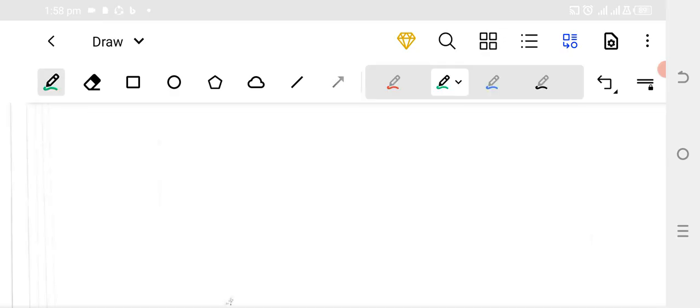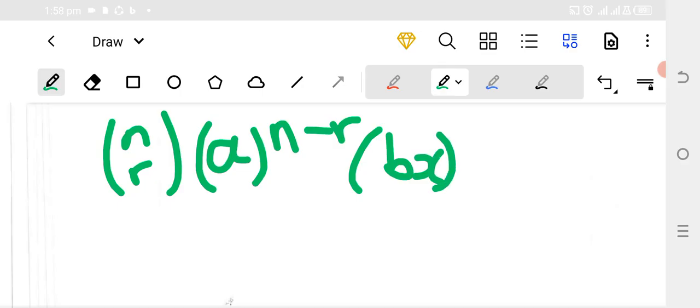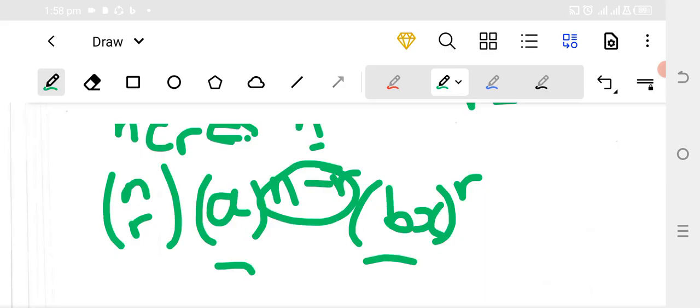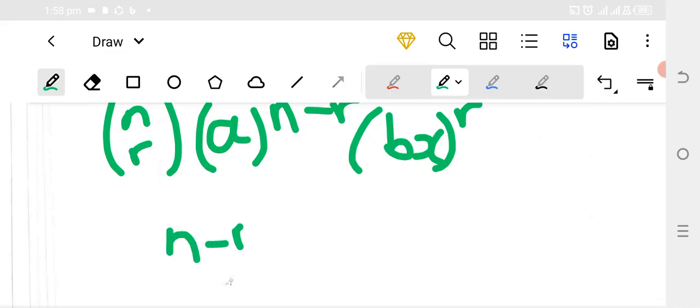To write it, it will be n combination r multiplied by a raised to the power n minus r, then bx raised to the power r, such that when you add the powers, n minus r plus r, it should give you n.